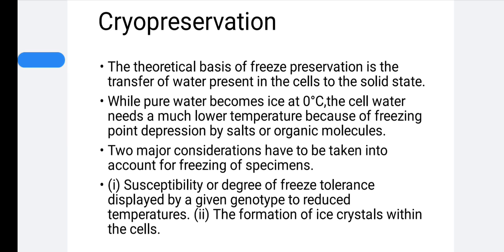So when we are going to freeze a specimen, we have to think about two things, that is susceptibility or degree of freeze tolerance displayed by the given genotype, and the formation of ice crystals within the cell. Because if ice crystals are formed within the cell, then it is damage to the cell. So we have to think about these two things: first is their freeze tolerance, and then the formation of ice crystals.